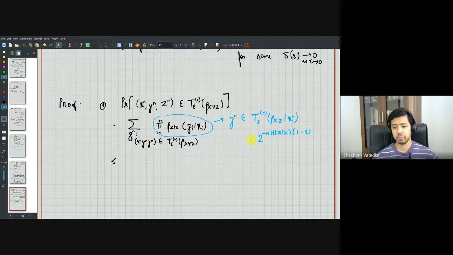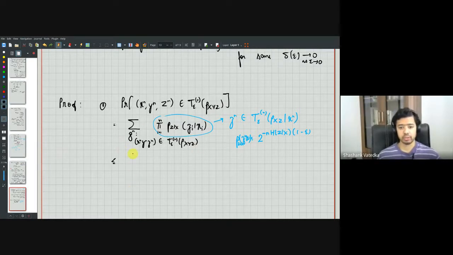So this is an upper bound. The probability of Zn given xn is always less than or equal to this, and this follows from properties of the conditional typical set.